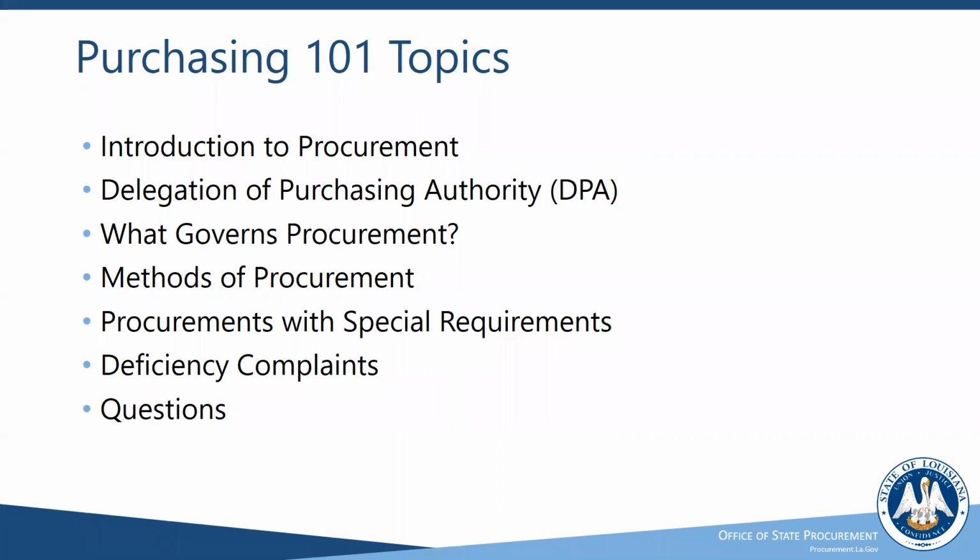We're going to discuss agencies' delegation of purchasing authority. We're going to talk about what governs procurement, the methods of procurement, also procurements with special requirements, deficiency complaints, and then we'll welcome any questions that you may have.